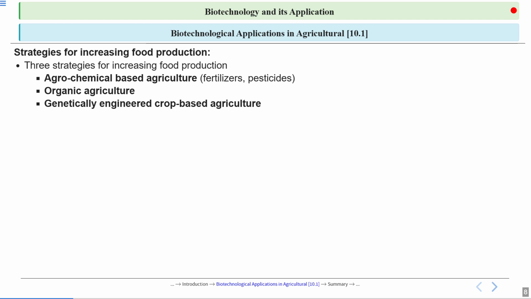We have heard many times at home that this is organic, it is free from synthetic chemicals, and it is good for health. Third is the genetically engineered crop, which we are going to study in more depth in today's class. So these are the three strategies.